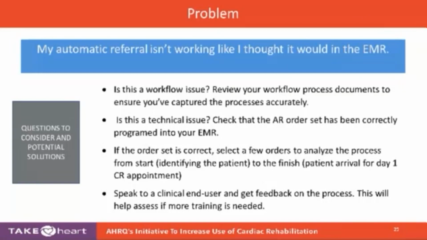Hopefully that EMR person has been involved and knows those workflows and can go back to notes on benchmark and initial testing and ask, is there a technical issue on the build first? Then, hopefully working alongside the clinical team, like Sherry mentioned, and getting feedback, ask if there's not a technical issue, is it a workflow issue, and follow from there. But I would first check on the technical side.